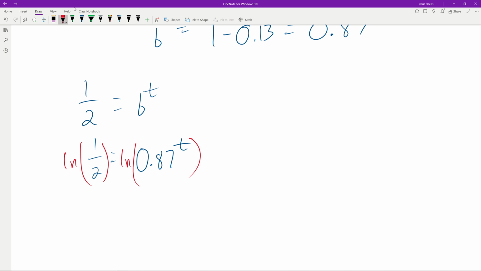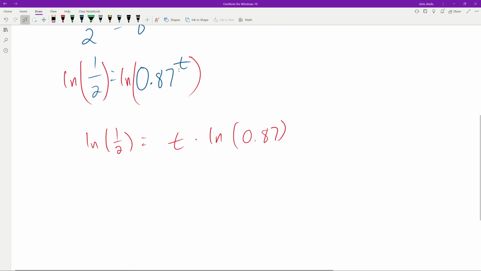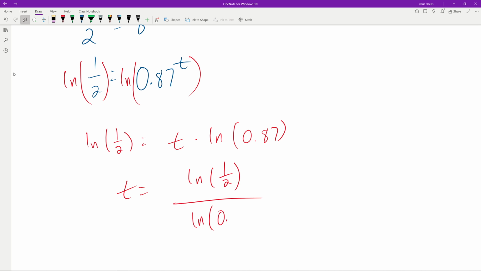This gives us natural log of 1/2 is equal to t times natural log of 0.87. And then solving for t, I just divide both sides by natural log of 0.87. And I get t equals natural log of 1/2 divided by natural log of 0.87.